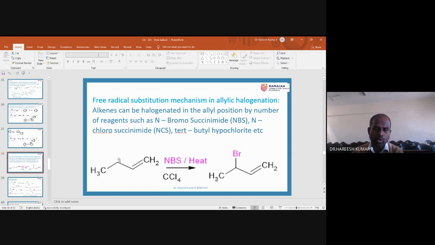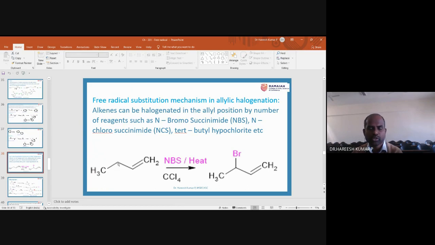So allyl compounds undergo halogenation with NBS, N-bromosuccinimide, or N-chlorosuccinimide, or N-iodosuccinimide, giving rise to halogenation at allylic position.